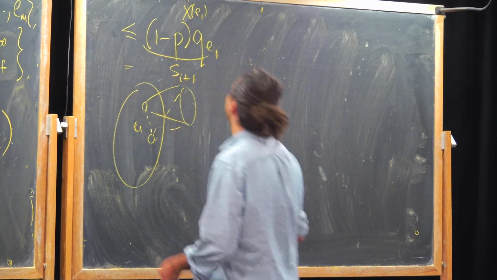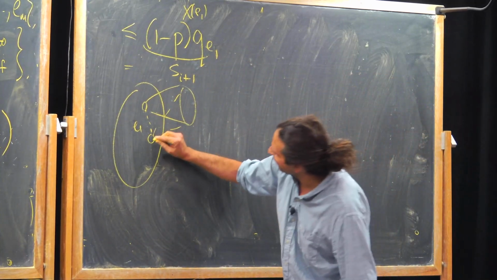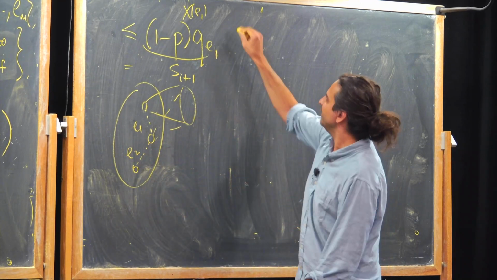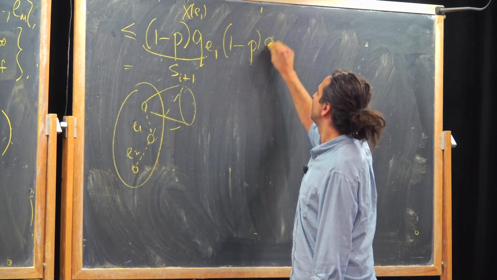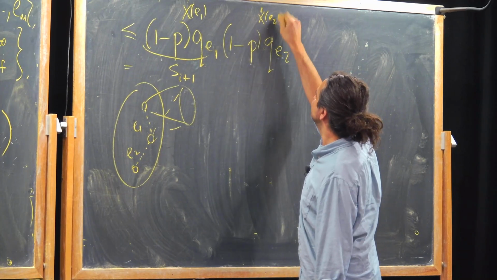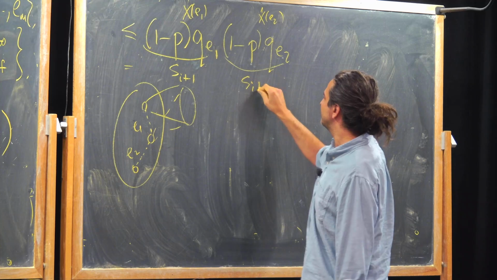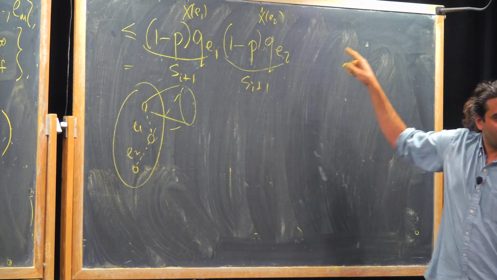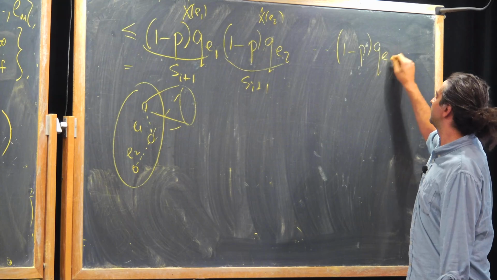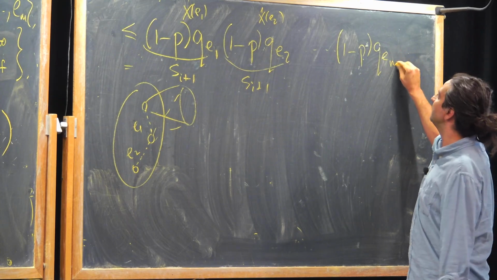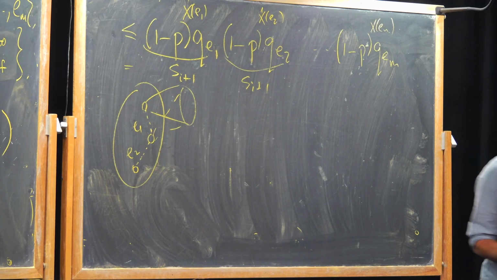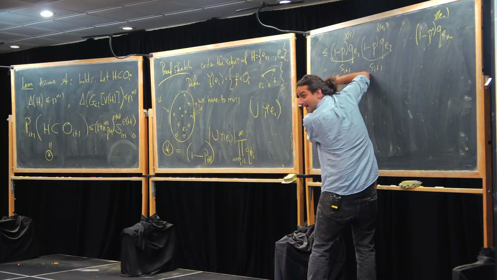So this business is just, by definition, s_{i+1}. Okay? Now let's explore another edge in my collection. Here's E2. Same thing. And this is going to give me another s_{i+1}, and so on, up to E_m. Okay, where if I cheated, these sets might overlap.